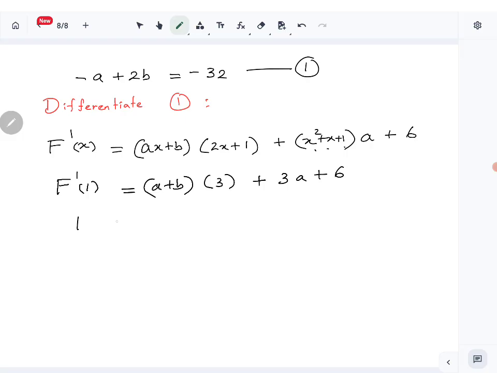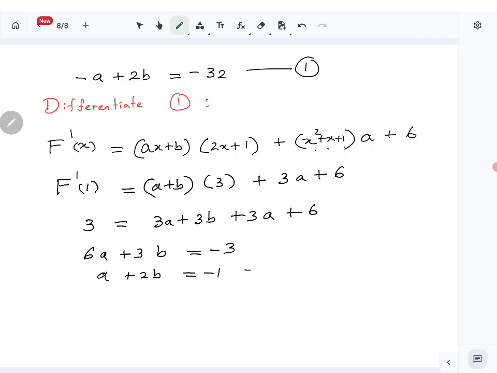This is equal to 3. f dash 1 is 3, no? That is given to us. So 3a plus 3b plus 3a plus 6. So we have 6a plus 3b equals minus 3, or divide by 3. a plus 2b equals minus 1. So that is equation 2.